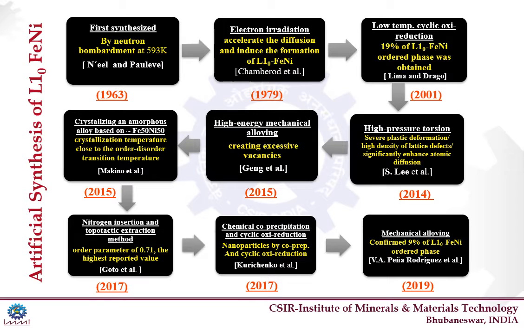The literature on L10 FeNi synthesis shows that it was first synthesized in 1963 by neutron irradiation of single crystal FeNi and later synthesized by electron irradiation in 1979. After the advent of rare earth magnets, the research in the field slowed down and again gained interest around 2012 due to the rare earth crisis.